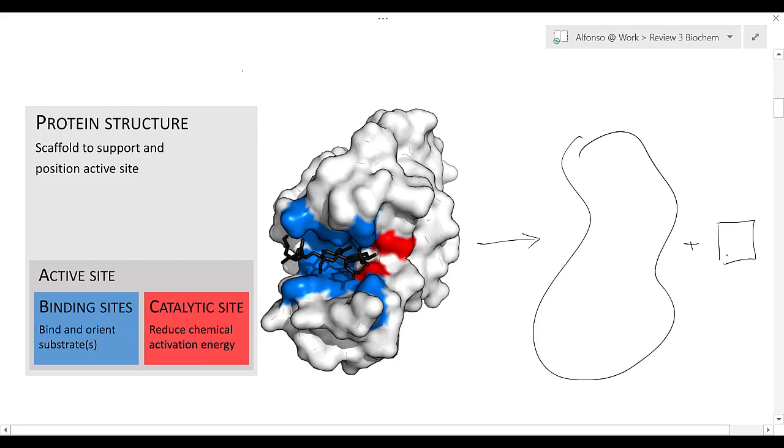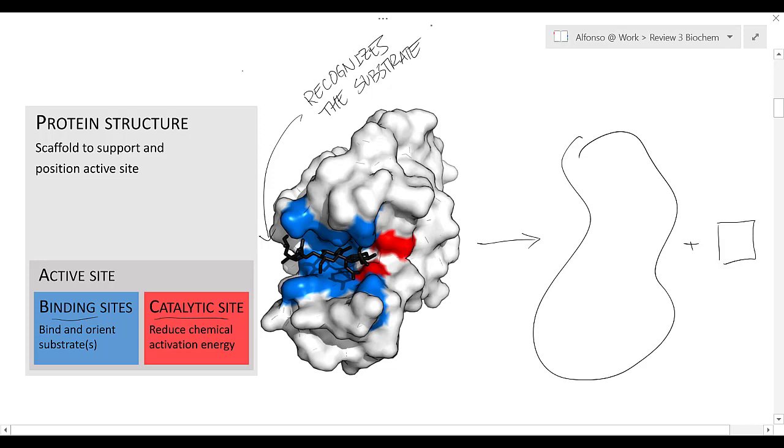Okay? And enzymes have binding sites and they have catalytic sites. You're really going to want to know the difference between the binding site and the catalytic site, so we'll go over that right now. The binding site recognizes the substrate. And what does the catalytic site do?